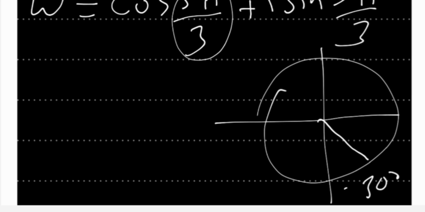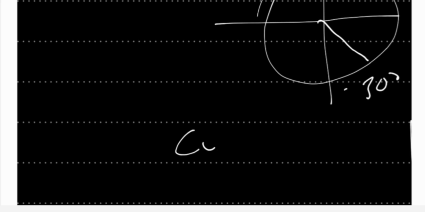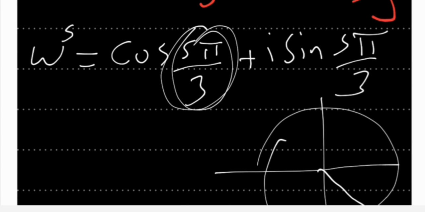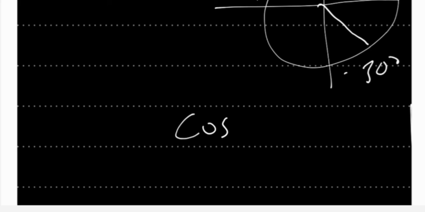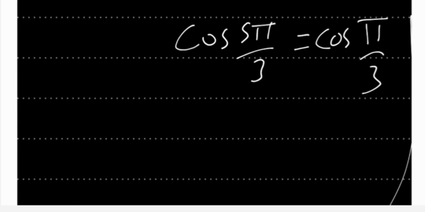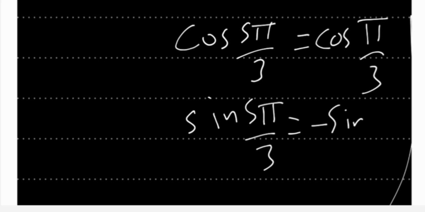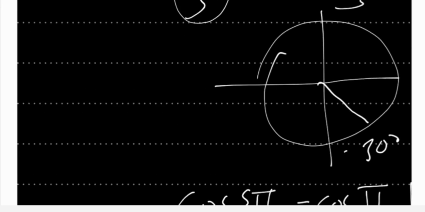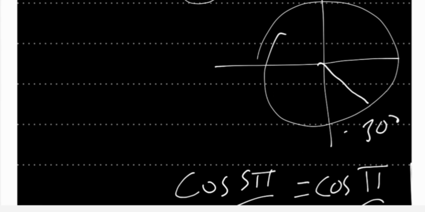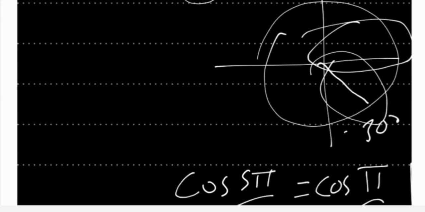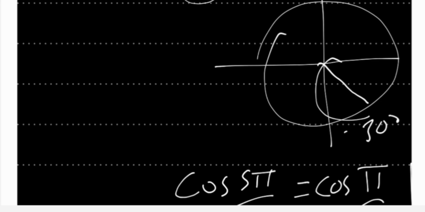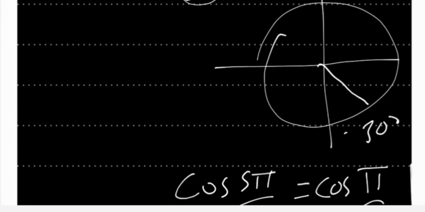Okay, so the cosine of 5pi divided by 3 is equal to the cosine of pi divided by 3, and the sine of 5pi divided by 3 is equal to minus sine of pi divided by 3. Why? Look, the cosine of 300 is positive, it is on this side, but the sine is negative, it is on this side over here, so it is a negative sign that we have.